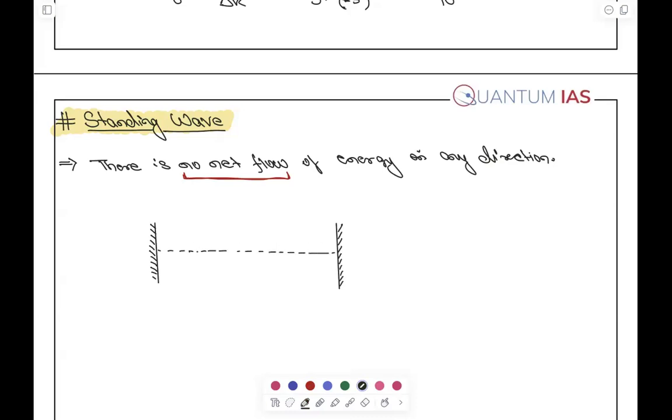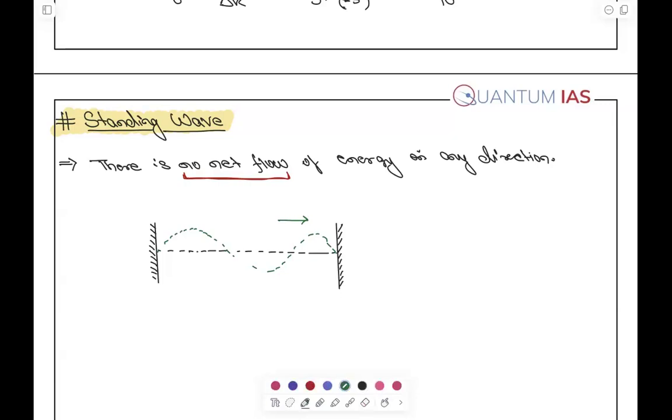Now one wave that is traveling here is something like this, and it will be imparting energy in this direction. What is this energy causing? When we say there is no net change of energy, you should understand what this energy is doing.